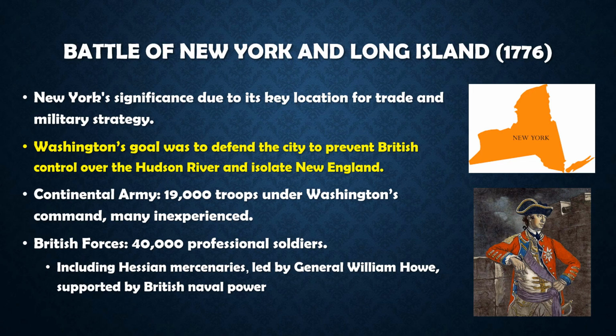So they are completely outgunned and outmanned, and the British forces venturing into New York are 40,000 professional soldiers. There are also mercenaries, paid soldiers who are not British, known as Hessians, German mercenaries the British paid to fight for them at the time.